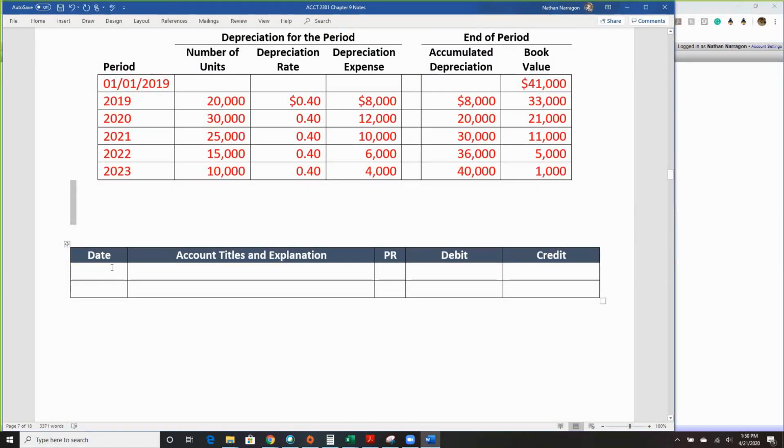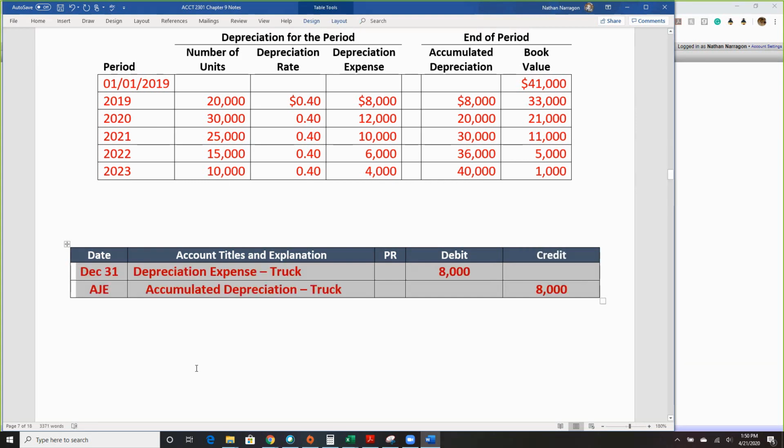So when we look at, again, the journal entry does not change. Anytime we're dealing with depreciation, any of these methods, we're going to always debit depreciation expense and credit accumulated depreciation by this column. So if I were to do, let's say 2021 on December 31st, I would put 10,000, since that's the expense, and accumulated depreciation 10,000 as a credit.